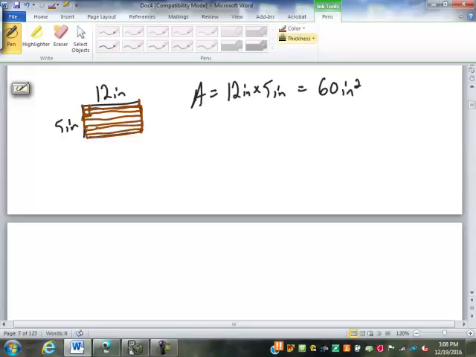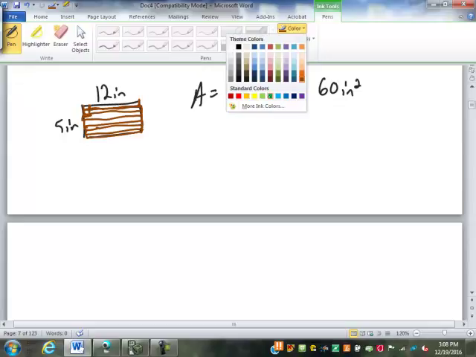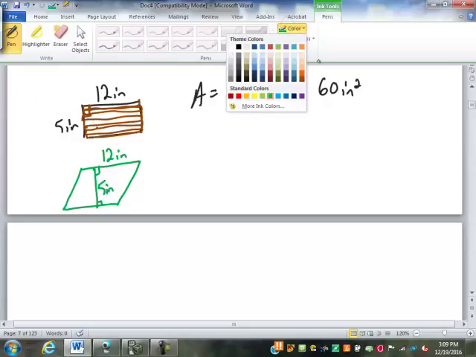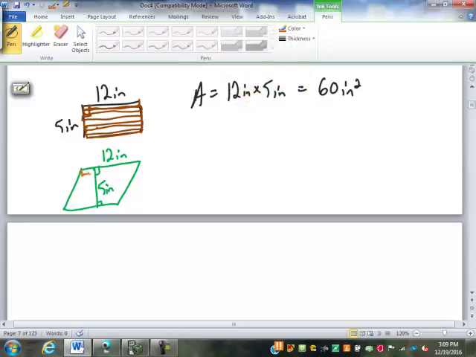Well, what if we didn't stack those rectangles straight up? What if it looked something like this? So this is still 12 inches long. The distance from here to here is still 5 inches. So all that means is those rectangles have been stacked not necessarily directly on top of each other now. Is it going to take any more or less rectangles to stack up to that 5-inch height?